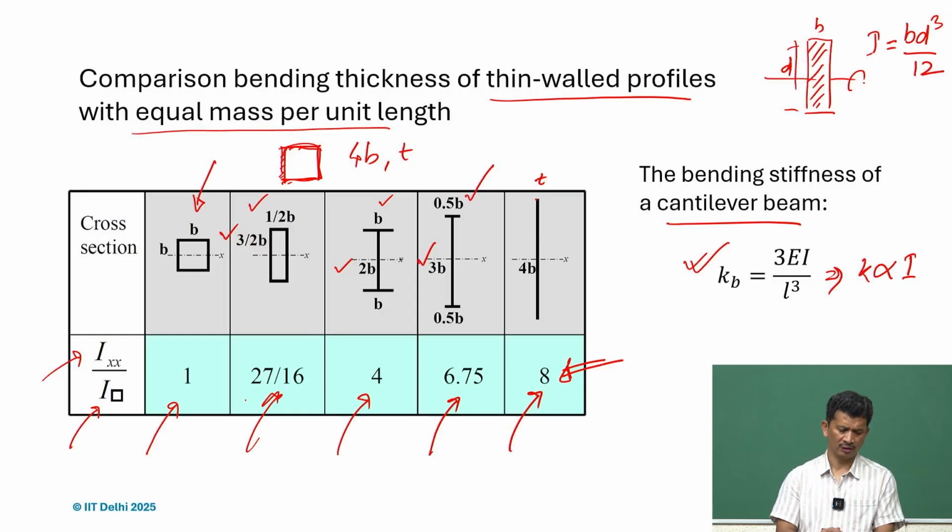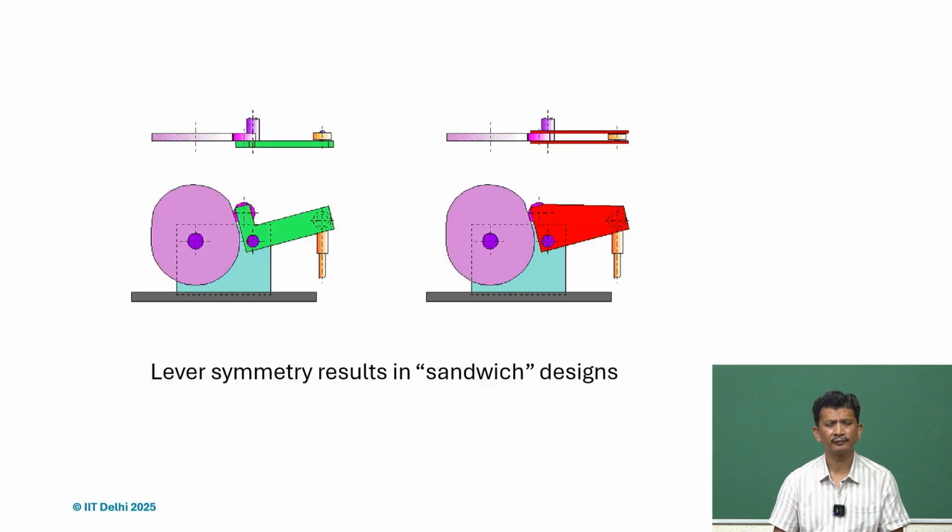Therefore, if we use this, we have to use it with caution, and we should be aware of the difficulties of going for that kind of design. But yes, ideally a thin sheet, if it is supported from the sides and there is a vertical load, gives the highest bending stiffness.